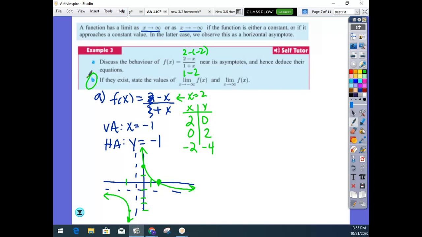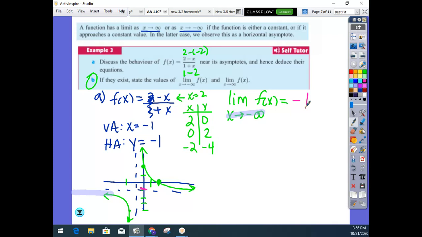Letter B says, what is the limit as x approaches -infinity of the graph? So we're looking for the y value as x goes to the left. As x goes all the way to the left, what y value is it getting really close to? Well, it's getting really close to the asymptote, which is -1.